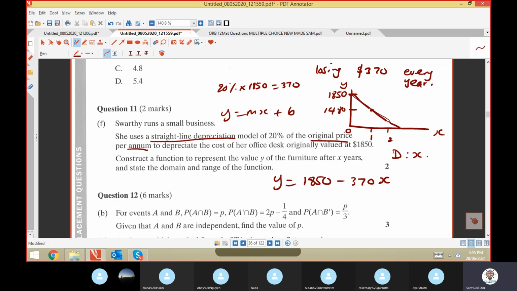I'll get to that. Range: obviously this will eventually hit 0, so my range is going to be from 0 to 1850.